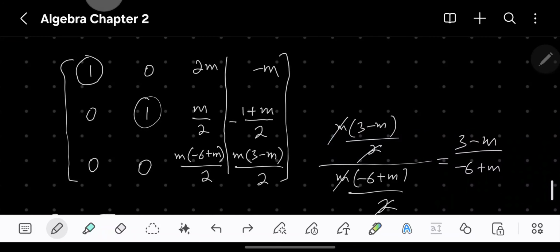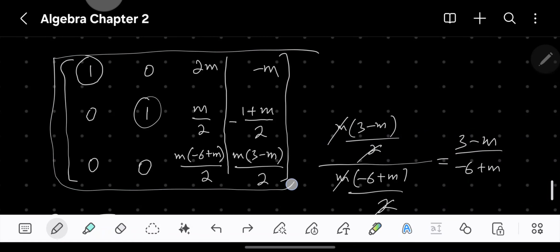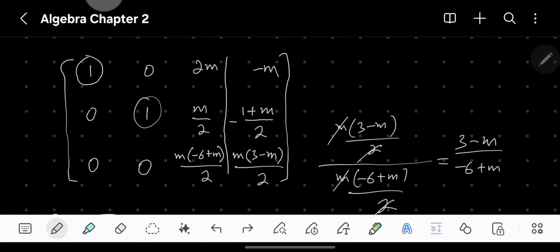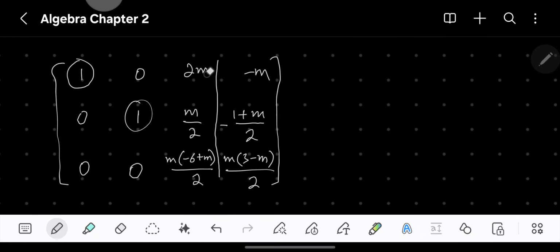Then I will put m equal to 0 in the whole matrix everywhere, right? So I will place m is equal to 0. Here I will write 0. Here I will write 0. Here 0, because m is 0. If I multiply 0 with inside, everything will be 0. So I will write here 0. Here this will also be 0, because m times 0 times 3 minus 0 is 0.